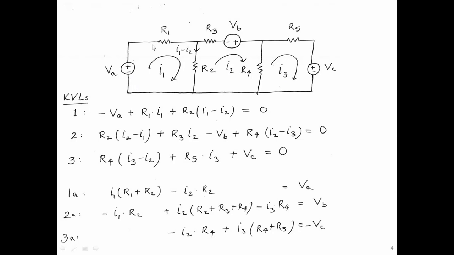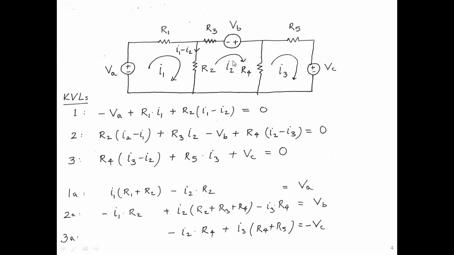If a voltage is going from plus to minus, it will be a positive voltage. So for this first mesh, we say minus VA plus this voltage drop, which is I1 R1, plus this voltage drop, which is (I1 minus I2) times R2, equal to 0. So that is the first equation.